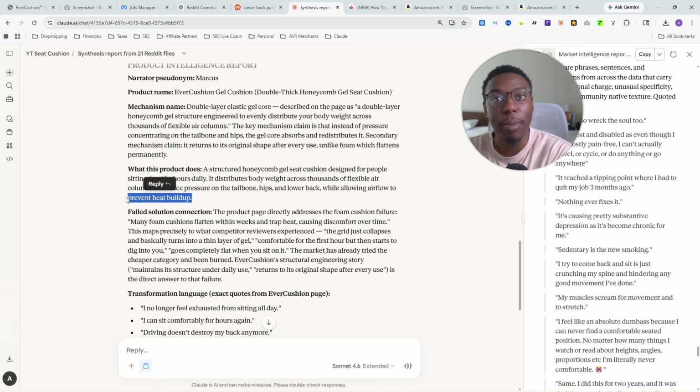And I haven't seen the copy yet, but I can already assume, just from doing this enough times, we can position this as, hey, look, not only does this product work because of that mechanism, but even if you try to go to Amazon, be careful, because the other ones on there might get too hot. That's why other people that may have tried gel cushions in the past, it didn't work for them because it got too hot. Ours has a specific functionality that doesn't let it heat up, so you can sit on it for as long as possible without feeling uncomfortable.